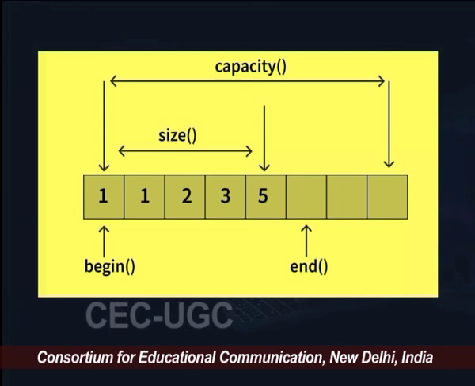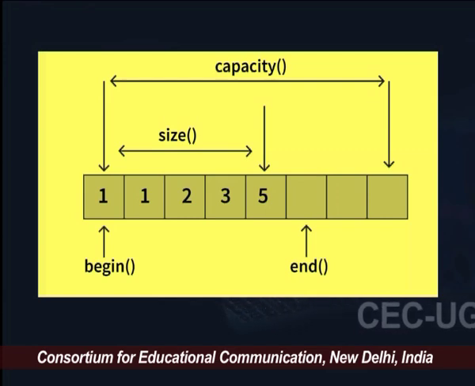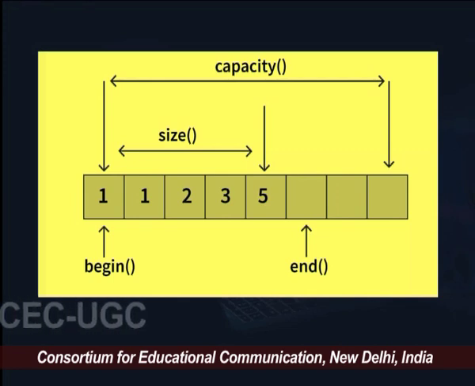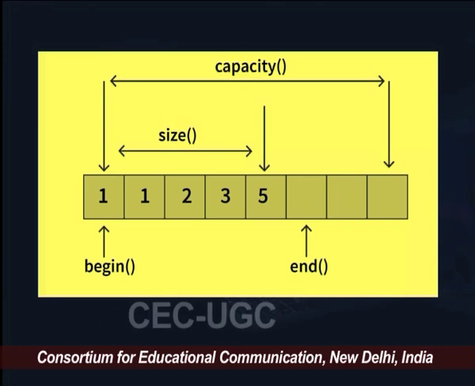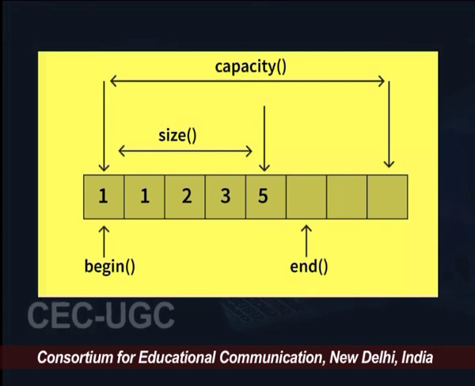From this figure it is very easy to understand the difference between capacity and size. Capacity is the overall storage capability of the data structure, which is the vector here, and size indicates the number of elements stored.